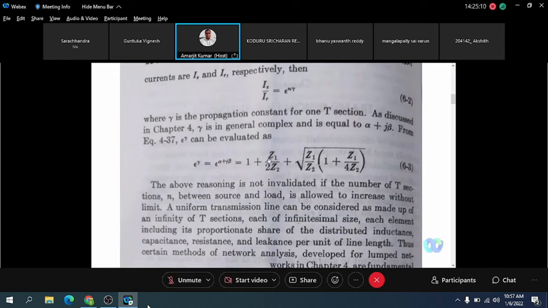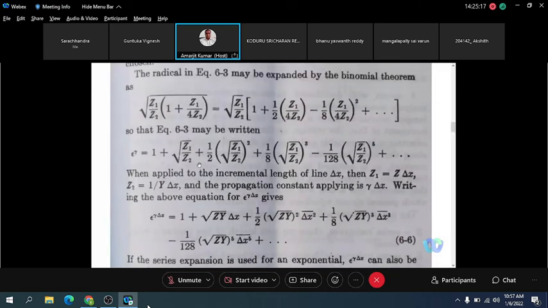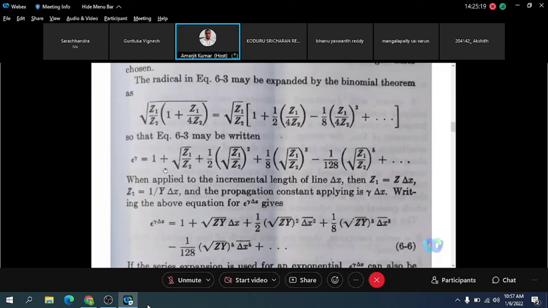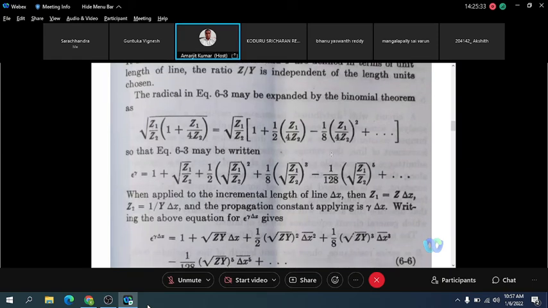So for calculating gamma in terms of Z and Y for the uniform transmission line, e to the power gamma will be equal to, and we expand like this. So binomial theorem, binomial expansion, you know very well.